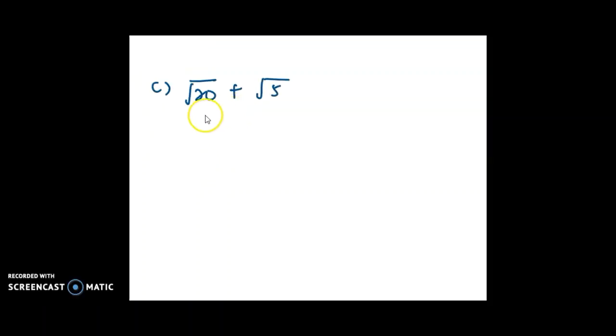For this example, we need to simplify surd 20 by splitting the 20 into 5 multiplied by 4, plus the surd 5 as the second term.